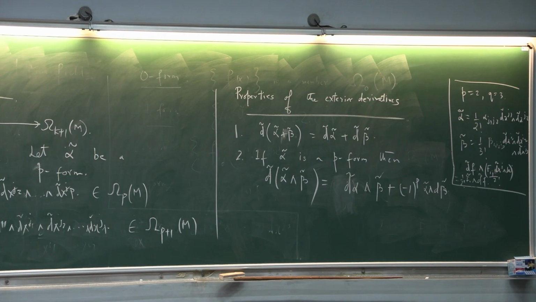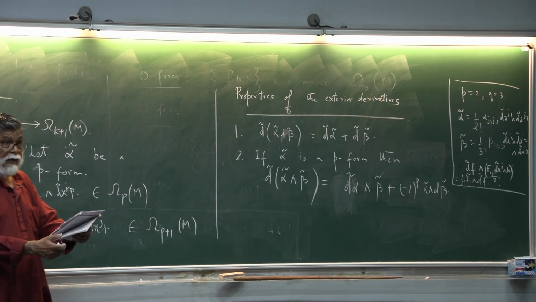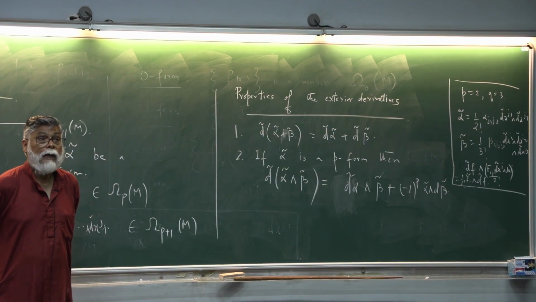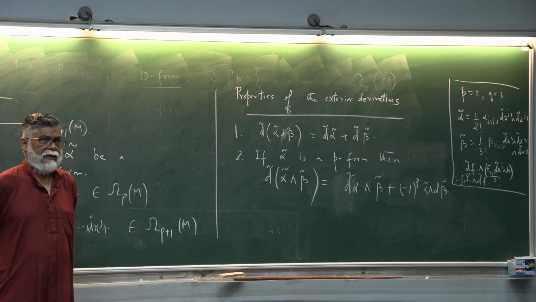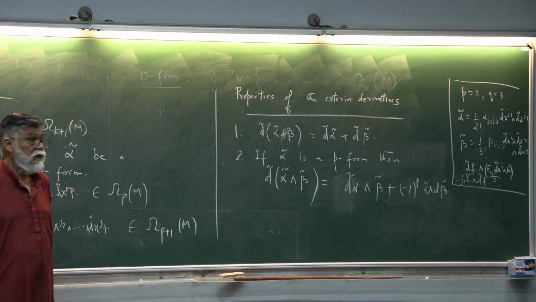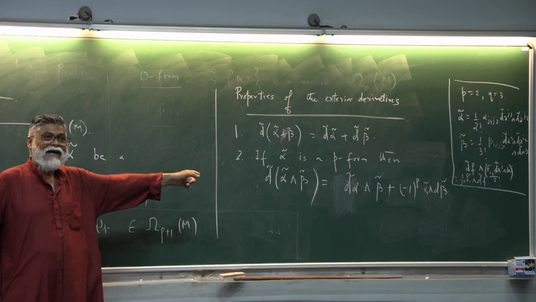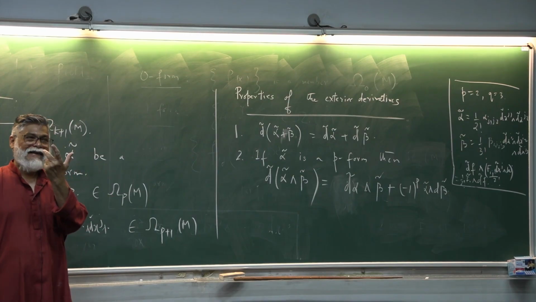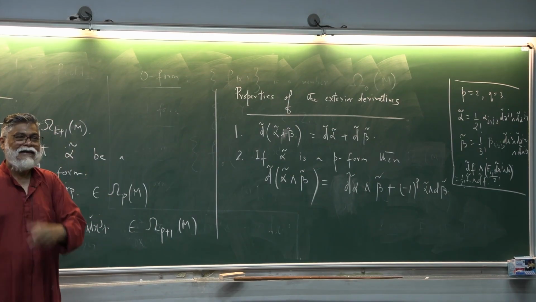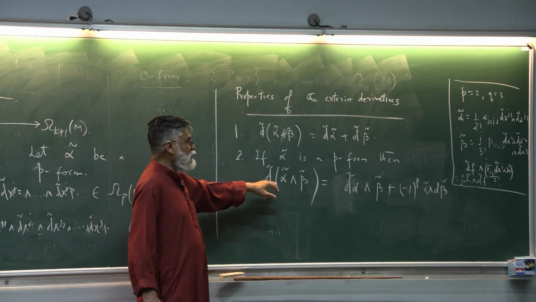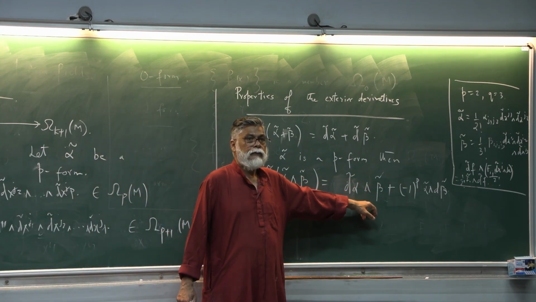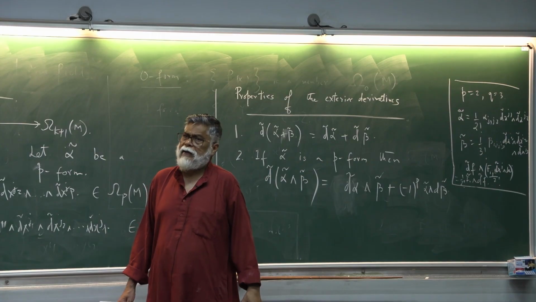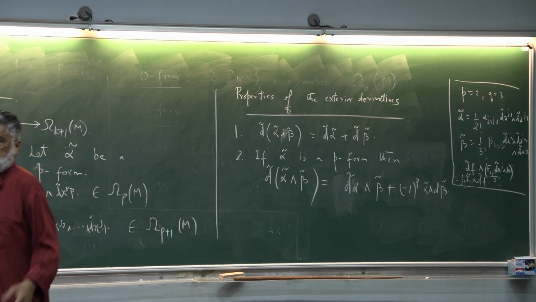Otherwise there is this minus 1 to the power p factor coming in. Again, this is counterintuitive. It's because of the properties of the wedge product. If it were the tensor product, the Leibniz rule would have been valid, but because the wedge product is antisymmetrized, the Leibniz rule gets modified. Beta can be any q-form.